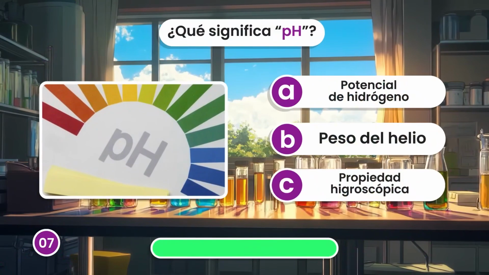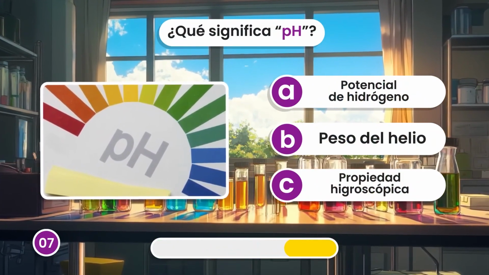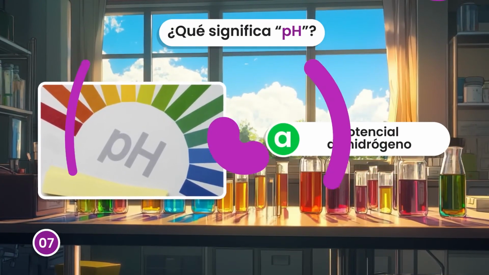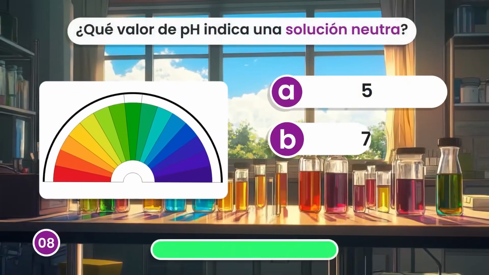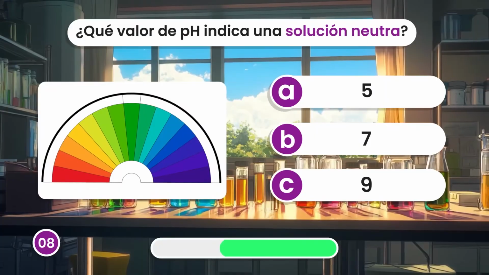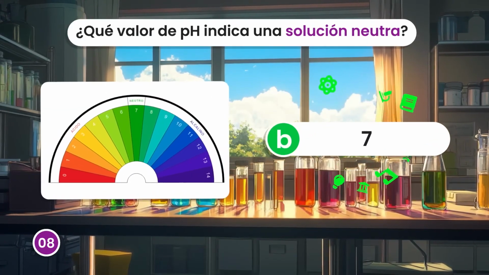What does pH mean? Potential of hydrogen? Which pH value shows a neutral solution? Seven.